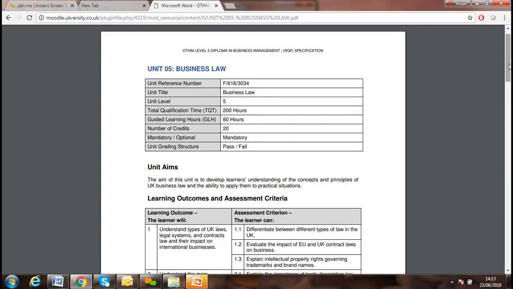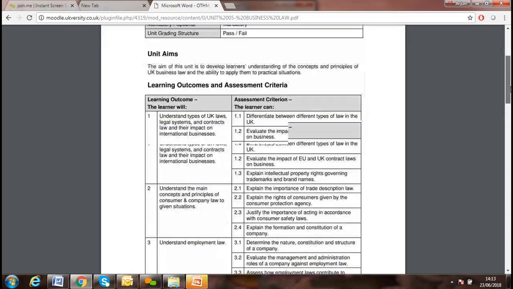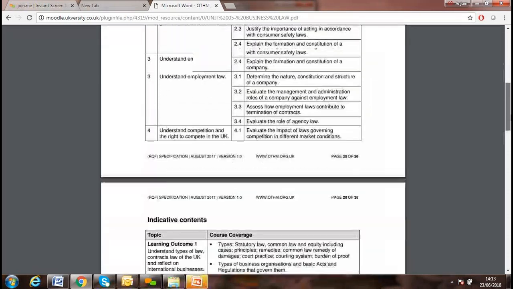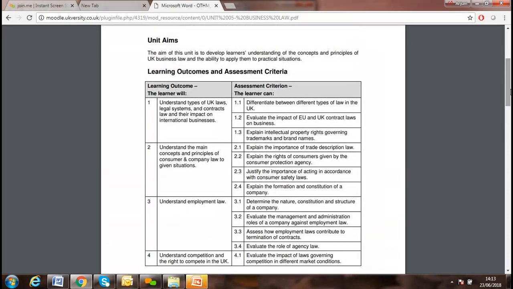So we'll start. Today we are starting a new unit, Unit 5, Business Law, and we have 4 learning outcomes which we'll go through. In different countries the legislation may have different terminology, but the legislation we are using for this assignment and the unit mainly covers EU and UK legislation.